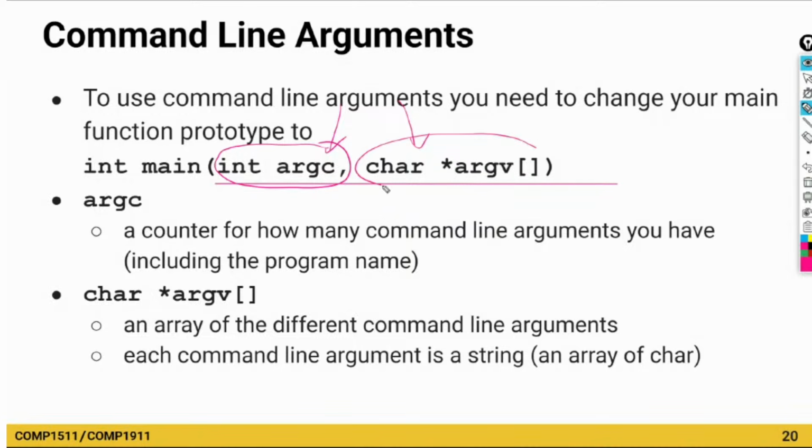This thing over here, which has a star and looks terrifying, this is basically an array of strings. It's got a slightly different syntax we'll learn about later, but this is an array of strings. So if we use this as our main, instead of having main void, we can use command line arguments in our program.